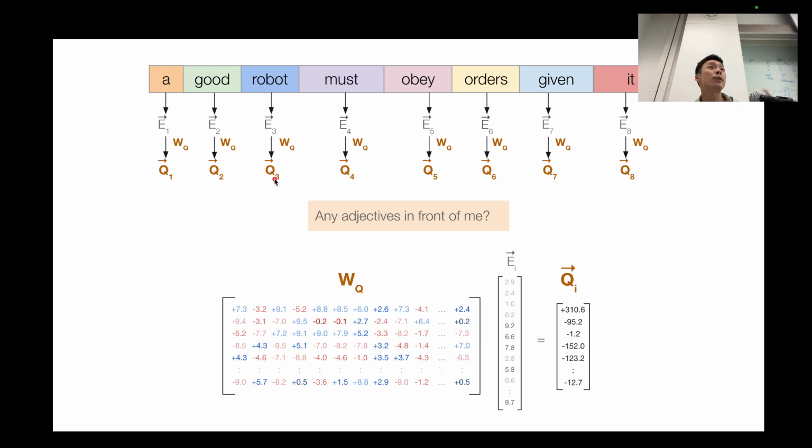So intuitively, the query vectors encode these things that they are looking for, okay? So must as well, it might be looking for a verb that come after. So it should have what? It should have an infinitive form, for example, okay? But we don't know for sure though what query vectors actually encode, but we believe it encode this kind of thing, encode like a question that it will ask each word.